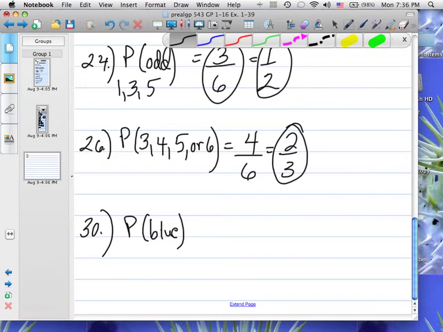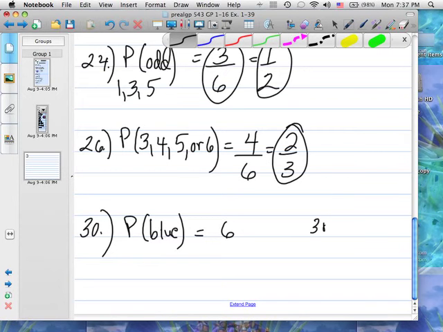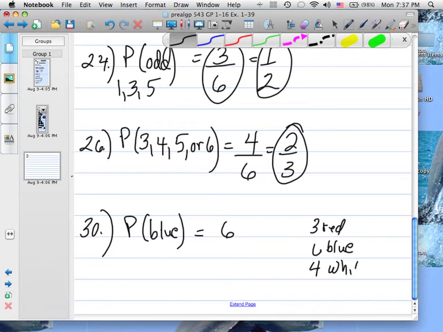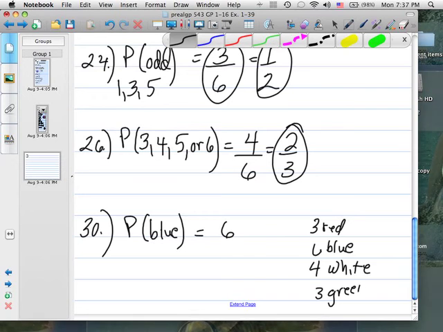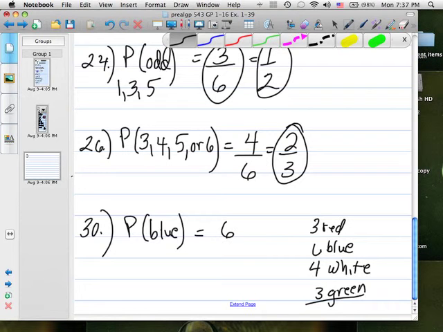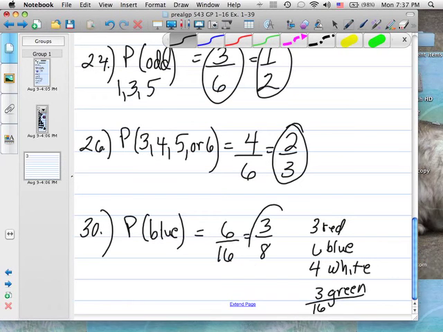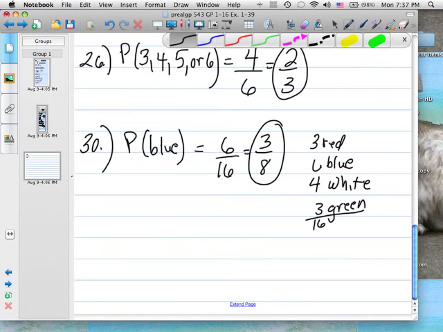It said there are 6 blues, and if we add the total that they had, the 3 red, the 6 blue, the 4 white, and the 3 green, we have a total of 16 possibilities. So it's 6 out of 16. Simplify, 2 goes into 6 3 times and into 16 8 times. So the probability is 3/8.